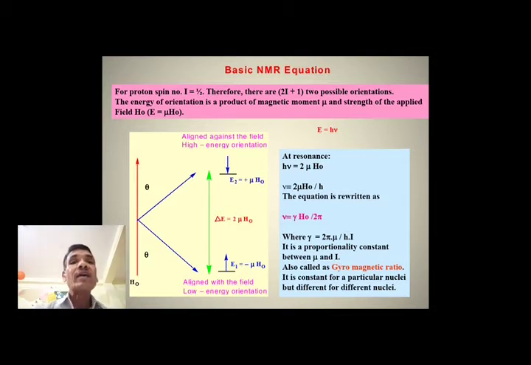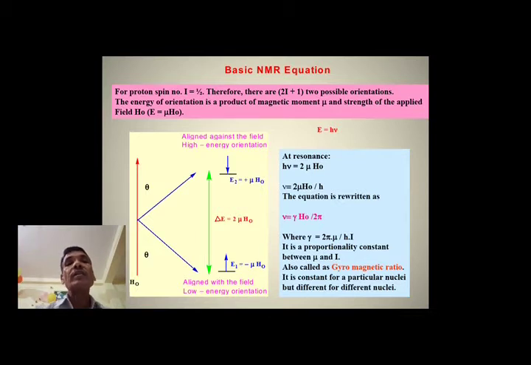While if the nuclei is aligned against the externally applied magnetic field, then it indicates high energy level orientation, and it has the value of spin quantum number I equal to minus 1/2, and energy of the nuclei E2 is calculated as E2 is equal to plus mu H0.